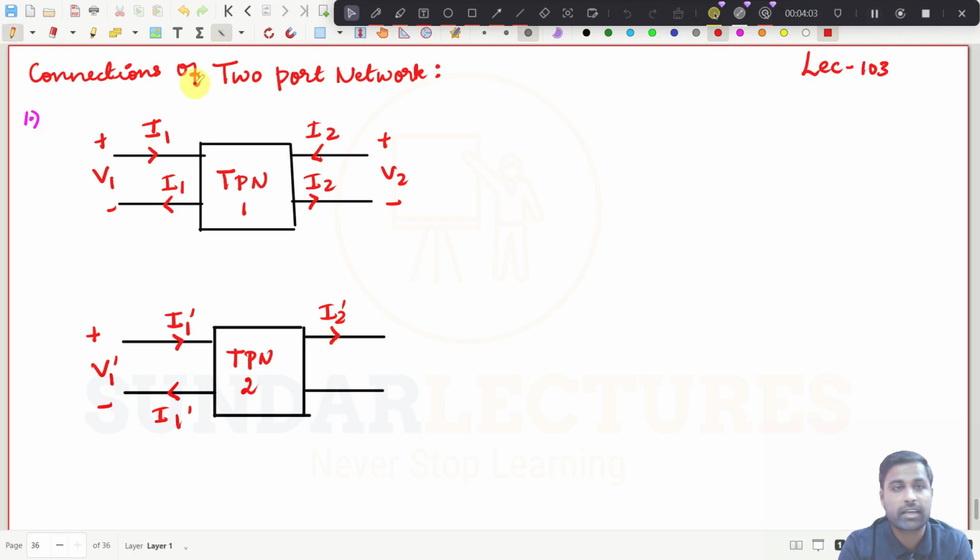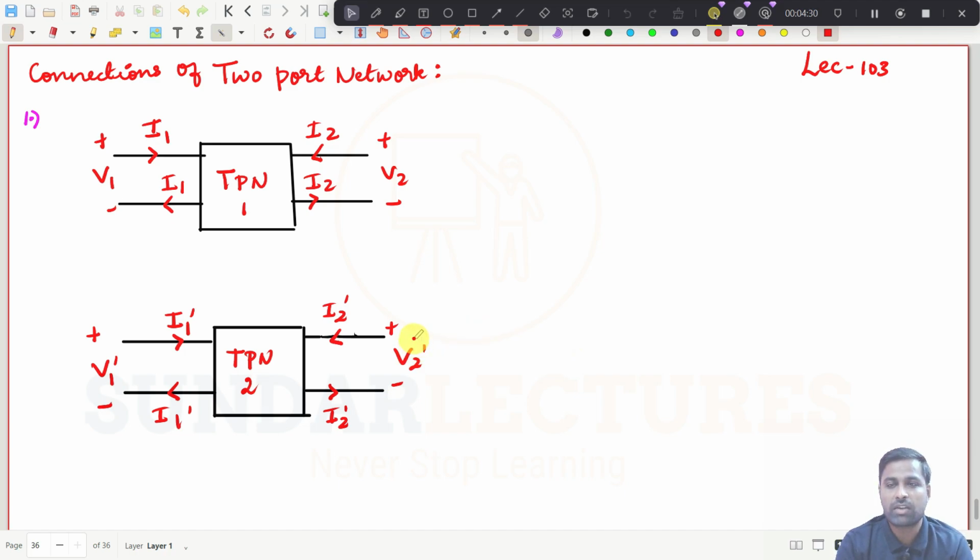One mistake here, this direction. This will be in this direction. This is I2 dash, and this current will be I2 dash, and this is plus, minus, V2 dash.